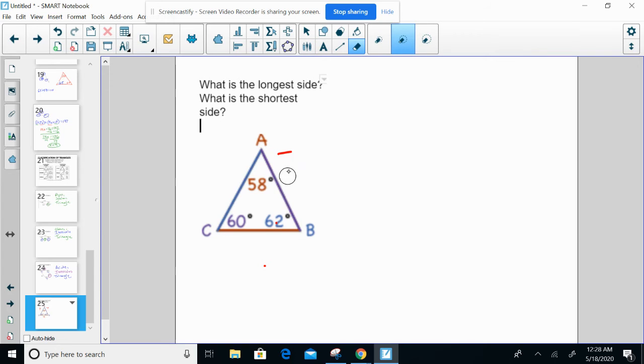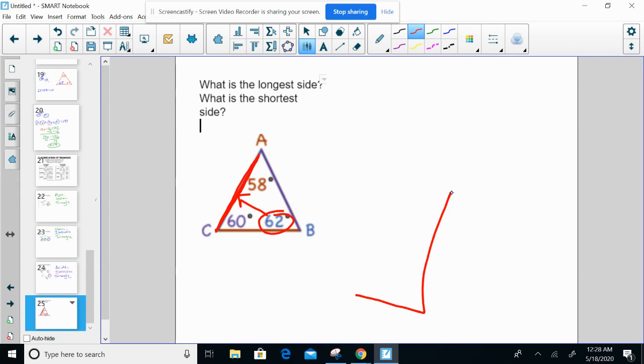There are only three angles and three sides. And what's really cool is the biggest side is always across from the biggest angle. So our biggest angle is 62. So that means our biggest side is this side right here. And think about it, an angle opens up. So if it opens up really big, that side is going to be really big.